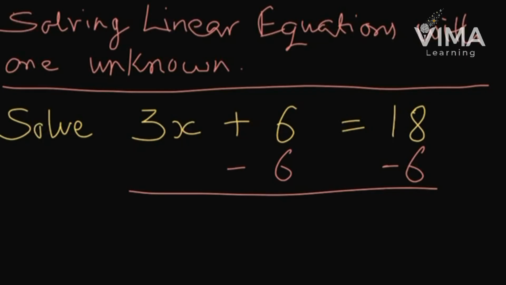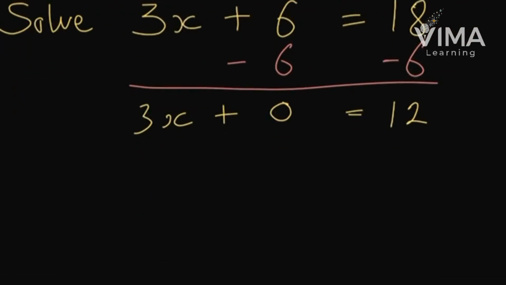And now we have 3x plus 6 minus 6 is 0, equals 18 minus 6 is 12. And then we have 3x equals 12 now.